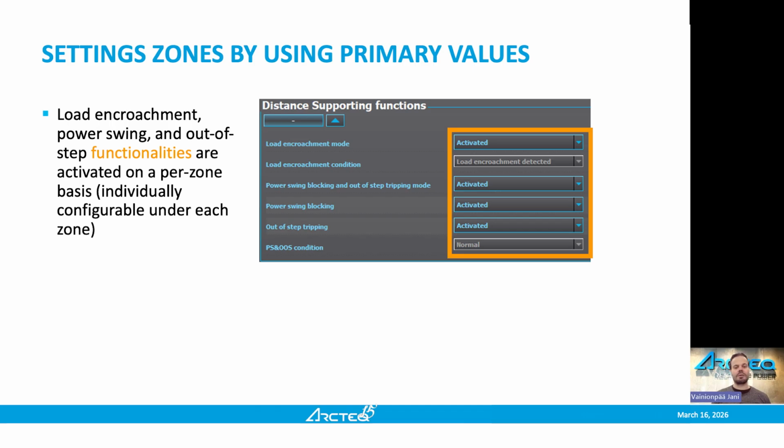This is the general manual enabling, but when we go into zone specific settings, we also need to activate all these separately under each zone. So this is the general activation of load encroachment, power swing, and out of step. But we're gonna have a later look how to activate them under each zone separately.